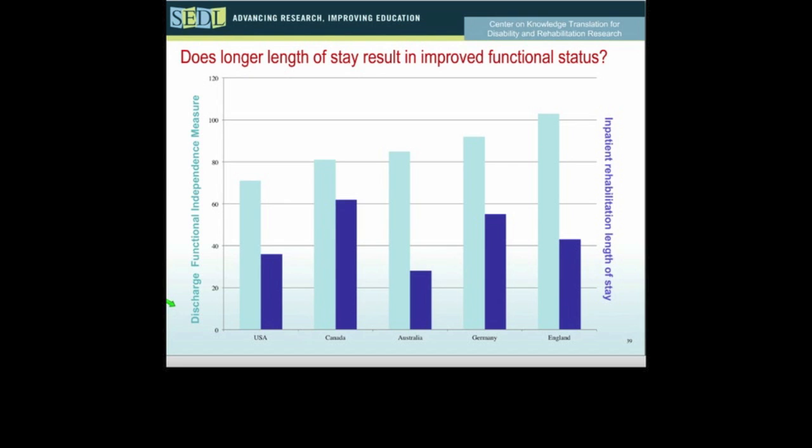And who's going to believe that more inpatient rehabilitation results in a higher improved functional status? Something else must be going on.